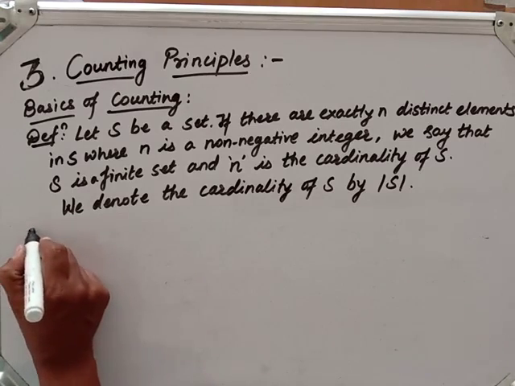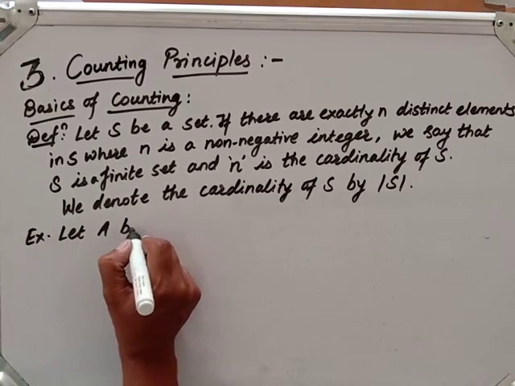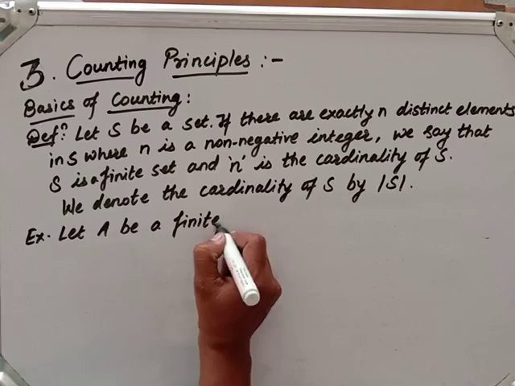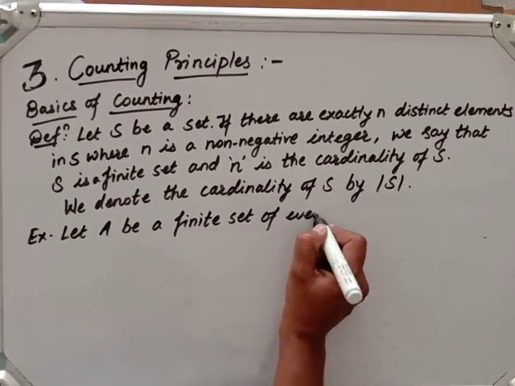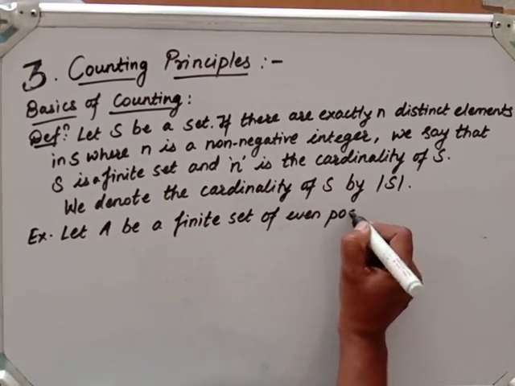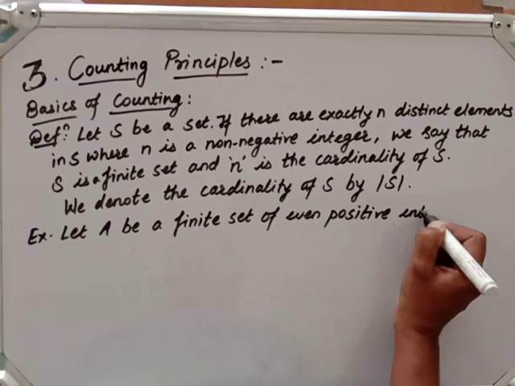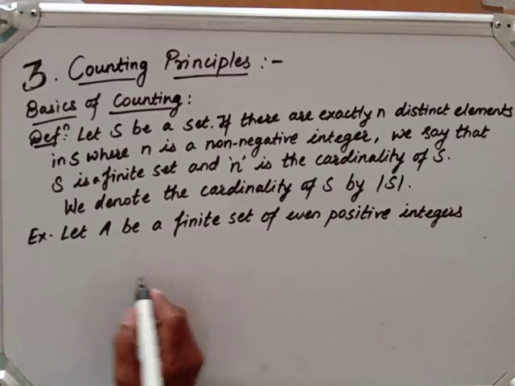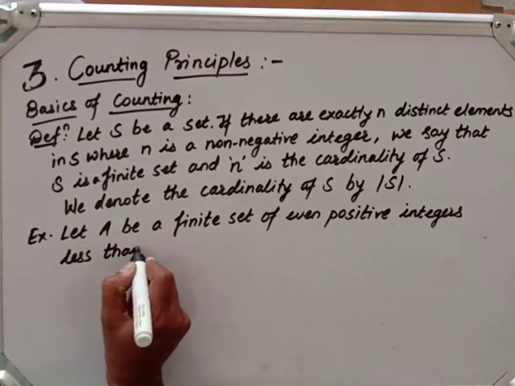Now let me take an example here. Let A be a finite set of even positive integers less than 15.